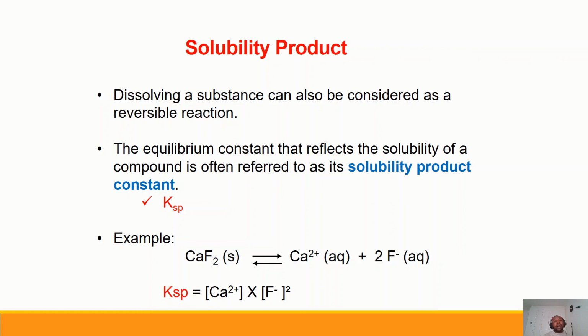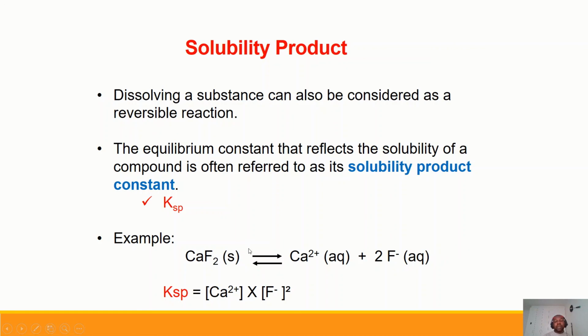So the last thing for this lecture is solubility product. First thing we need to do is to write the expression for the solubility reaction that we have. The constant for solubility product is what we call KSP. So let's consider this reaction.